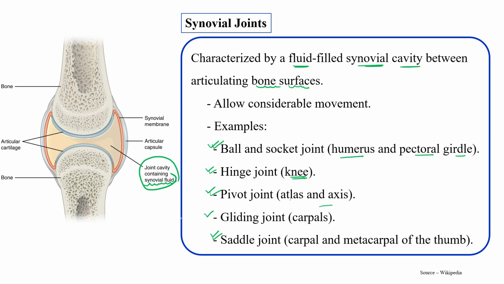So other than the vertebral column, all kinds of joints, obviously not the skull joint, that is again a fixed joint, but the most movable joints present in our body, like ball and socket, hinge, pivot, gliding and saddle joints, all have synovial fluid present in that particular cavity, which is required for the movement of the bone.